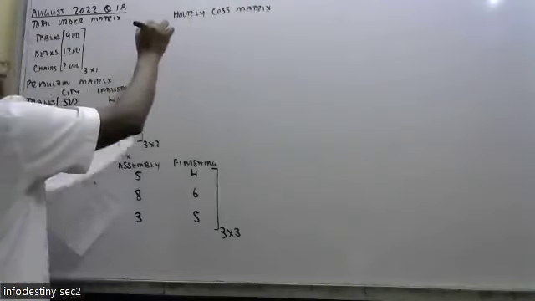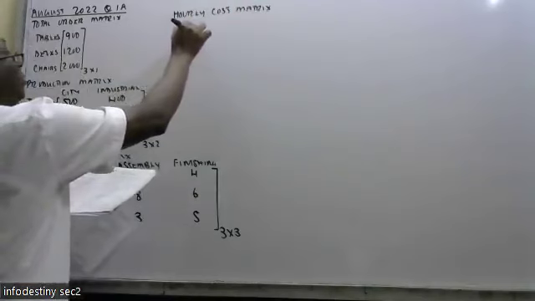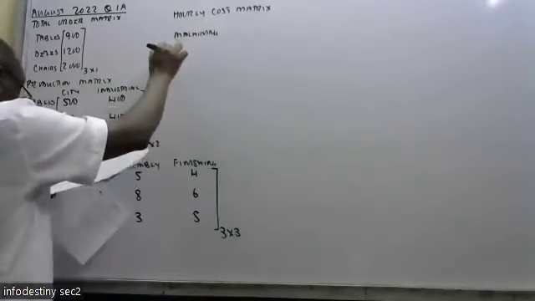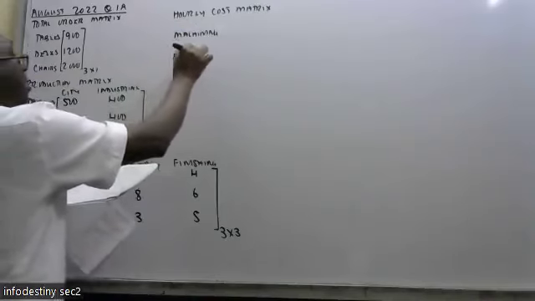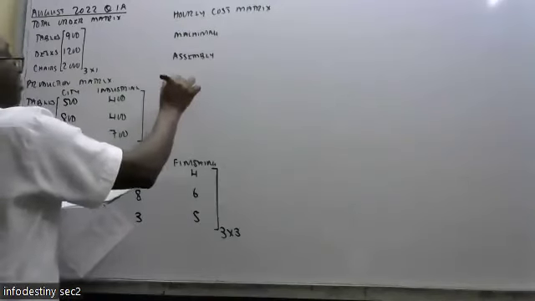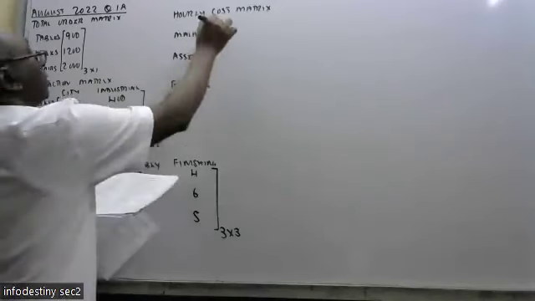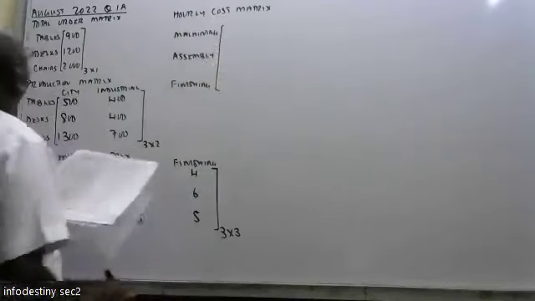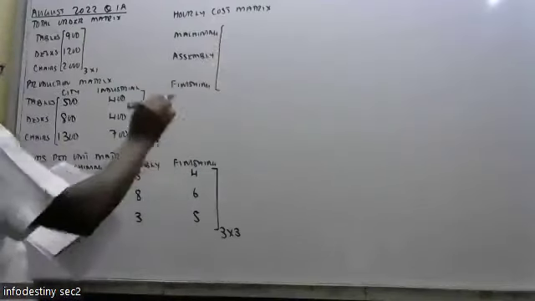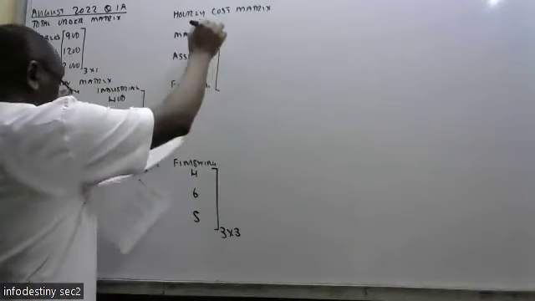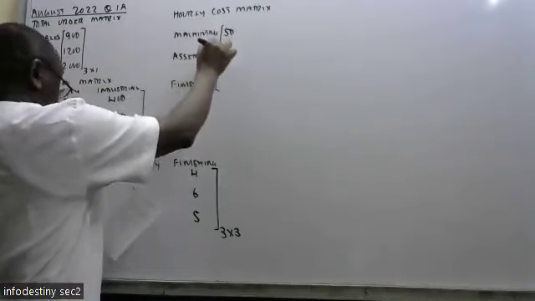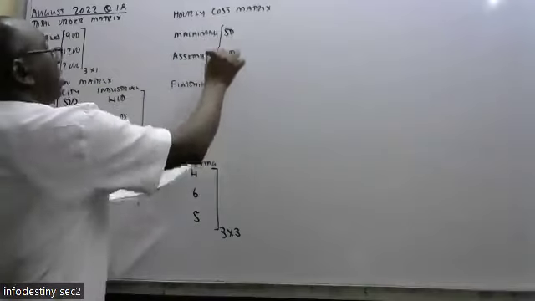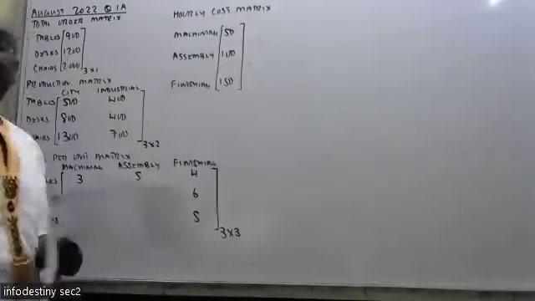Here we have machining, then assembly, and then finishing. We are told this one is 50, this is 100, and this is 150. So those are the matrices as per the information provided.